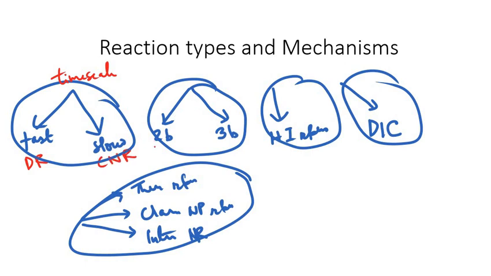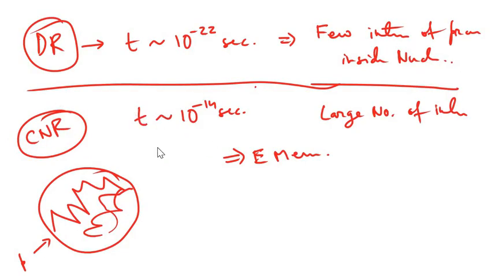Now let me talk about the two body and three body. What I am saying is that during the compound nuclear reactions, after de-excitation, there is electromagnetic emissions as well. Gamma rays, say for example, are emitted when the nucleus de-excites from its excited state.